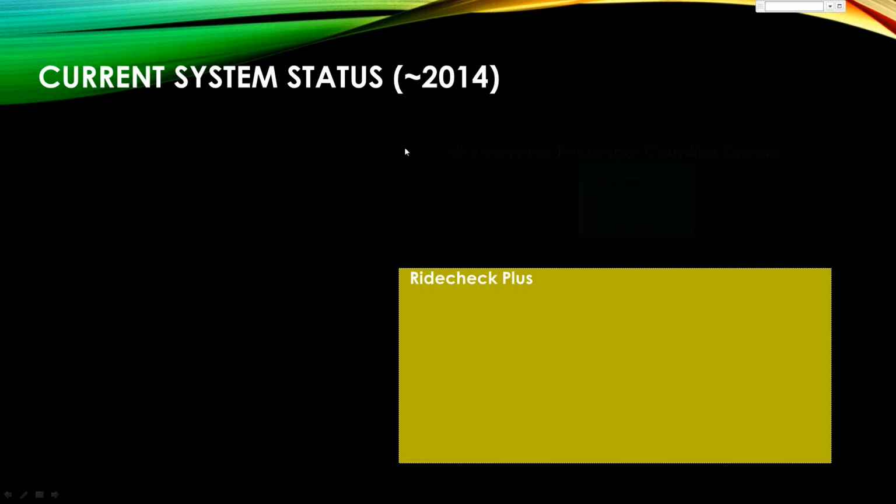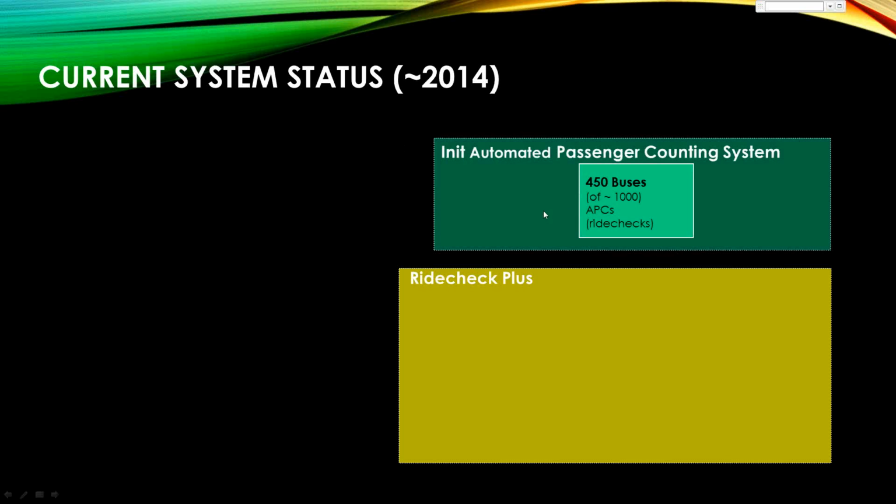And the type of information we put in there now, and this number right now is we have about 450 buses roughly out of 1,000 with APCs installed. That number is changing every week because we currently have orders coming in for both new articulated buses and new transit coaches.